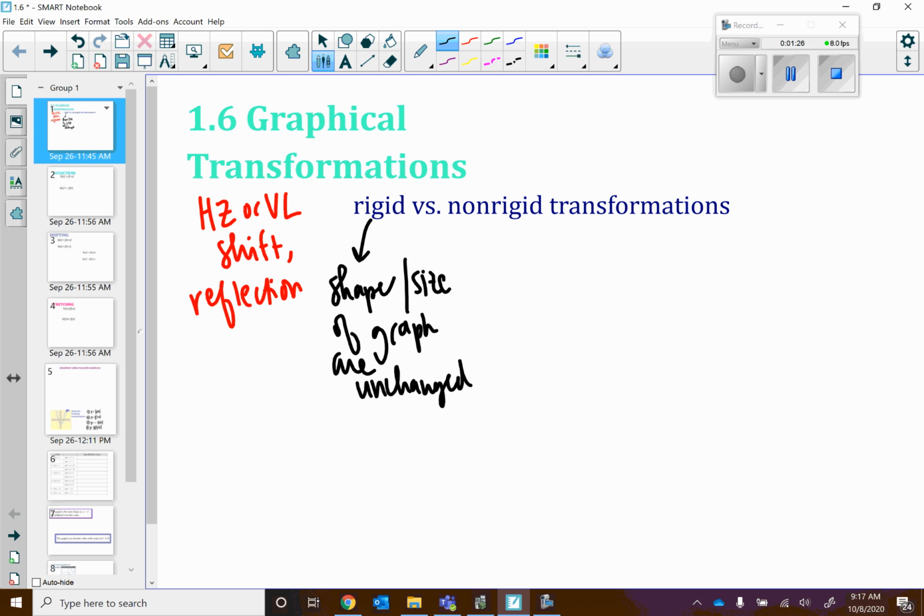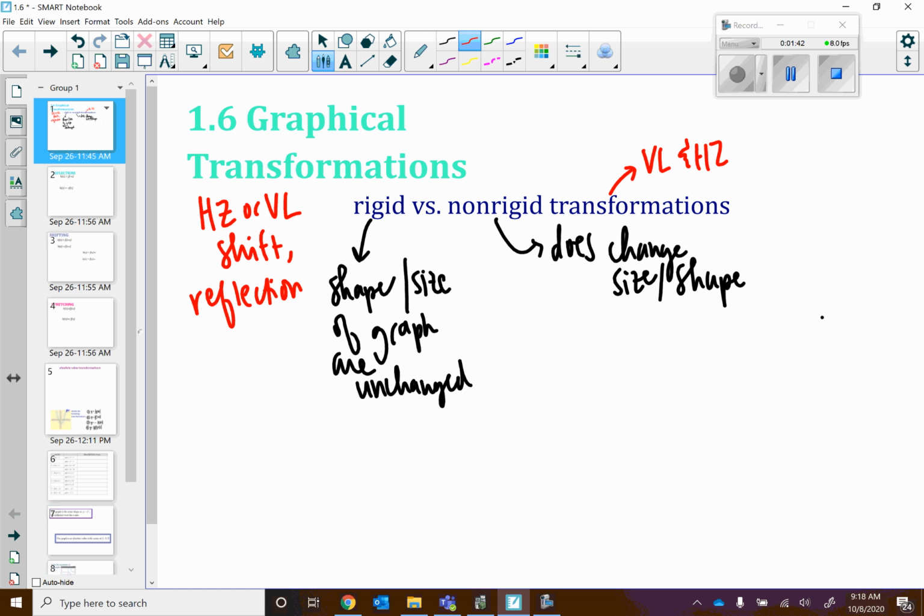It is rigid. And then of course non-rigid would mean it does change the size or shape. And this would be our vertical and horizontal stretches and shrinks.